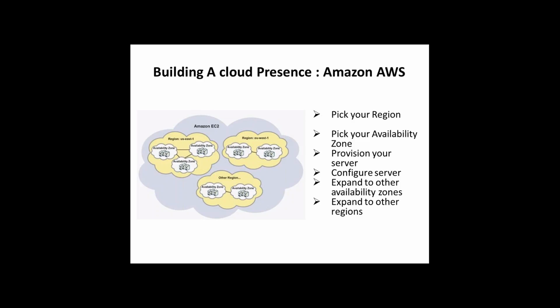Select the server configuration you want, which OS you want, and we will see all this in practical after a few minutes. Just launch and install a server, just click one button, and it will install the operating system also. You only have to worry about your server configuration and service configuration, like WebLogic.